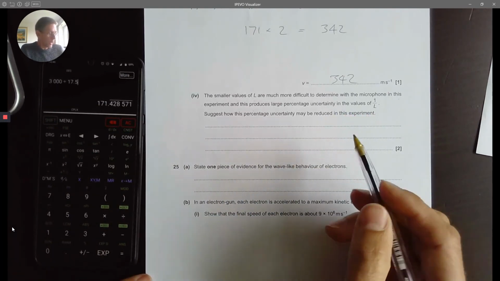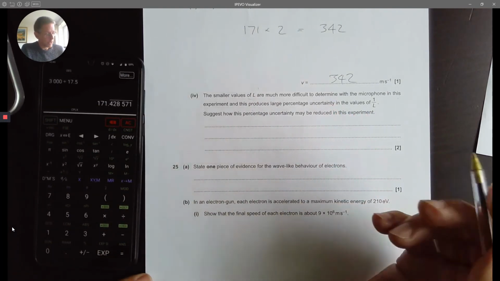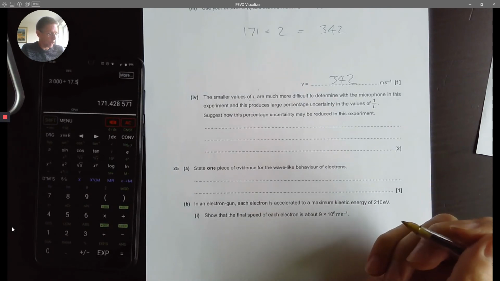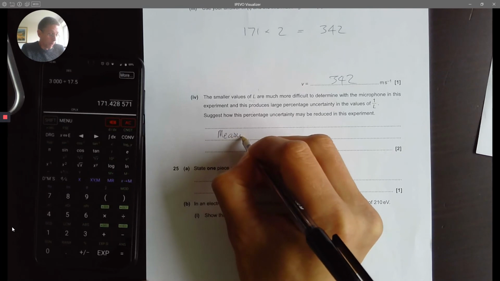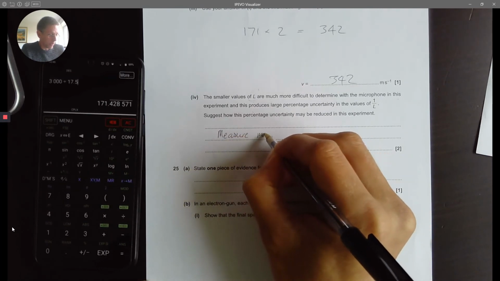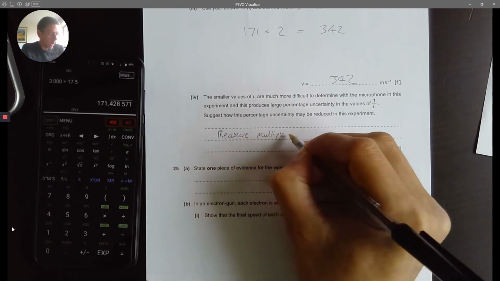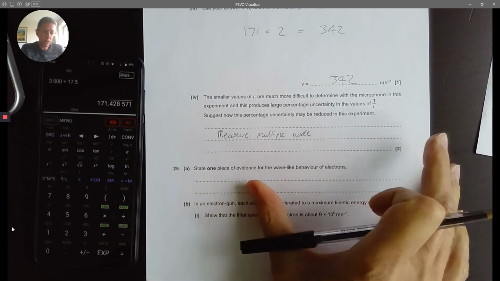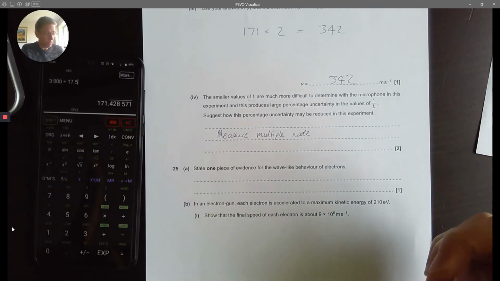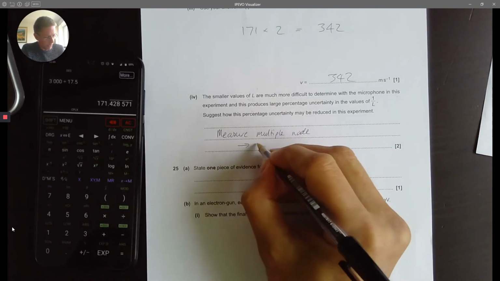So we just need to make L bigger, basically. So the easiest way to make L bigger is we can measure multiple nodes. Instead of adjacent nodes, we could maybe do 3 nodes, and that gives us a much bigger L.